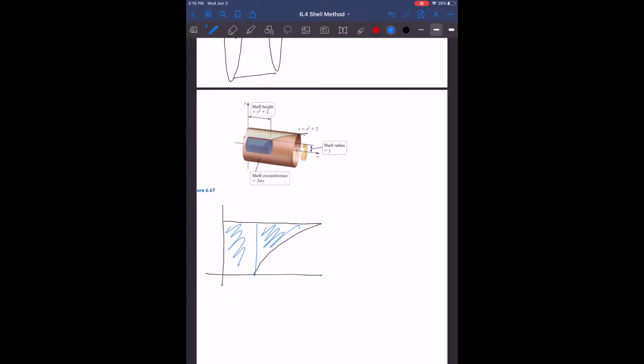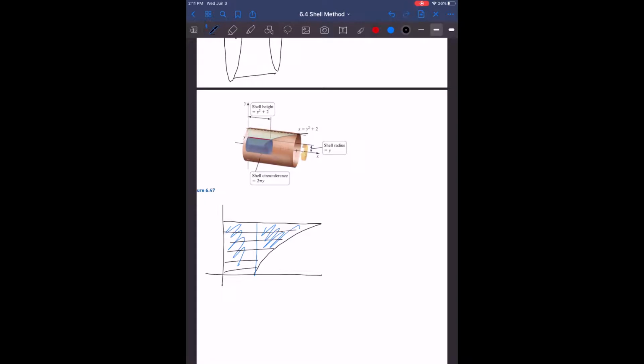So we are able to do this using the washer method. However, in this case, if we do use the shell method, when we look at the lines going this way in it, we're always just going from the line x equals 0 to the curve that we were talking about. So this is really nice. It means we have to do fewer integrals, which is always a good thing to do.